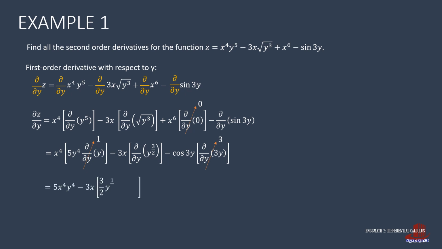The function is simplified further as 5x raised to 4, y raised to 4, minus 3x times 3 halves of y raised to 1 half times the derivative of y, then subtract 3 with cosine of 3y. Finally, the partial derivative of z with respect to y is 5x raised to 4 with y raised to 4 minus 9x root of y over 2 minus 3 cosine of 3y.